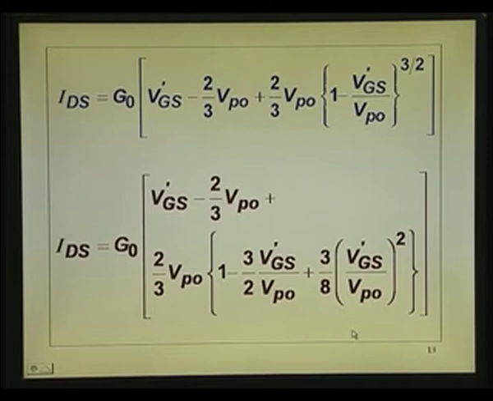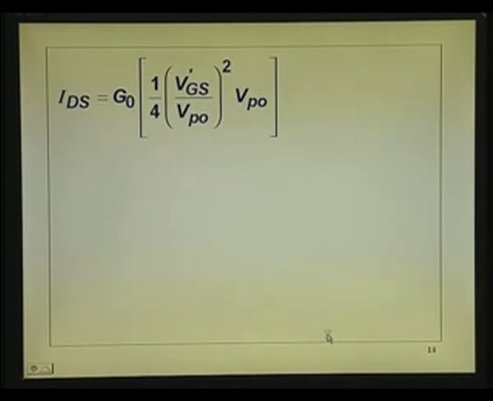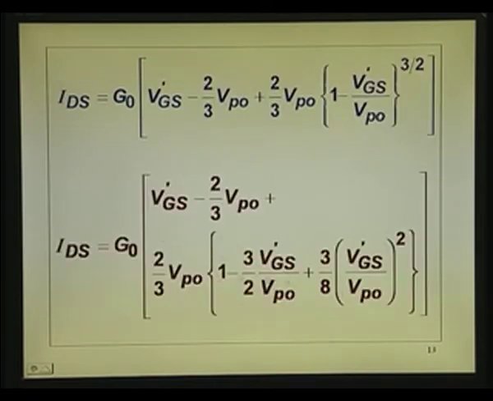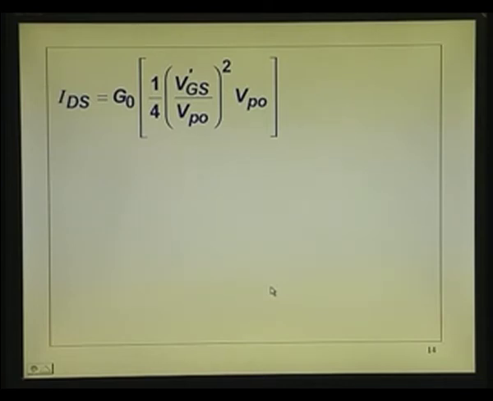So 3 goes off, 2 by 8 is 1 by 4, V_P0 into G naught into 1 by 4, into V_GS dash square term.